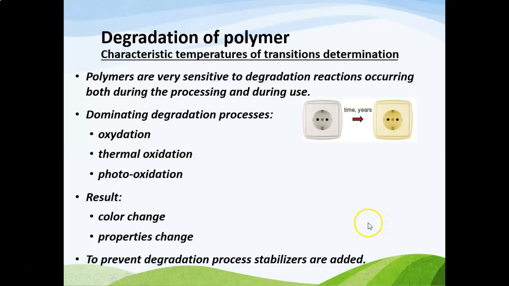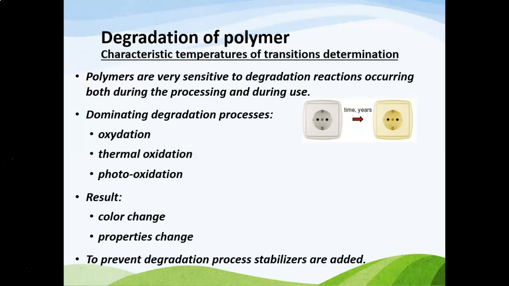For the characteristic temperature of transition determination, we can assume when the polymer will be degraded, because we can estimate the degradation temperature of the polymer, which is the temperature after the melting temperature. Polymers are very sensitive to degradation reactions occurring both during processing and during use.